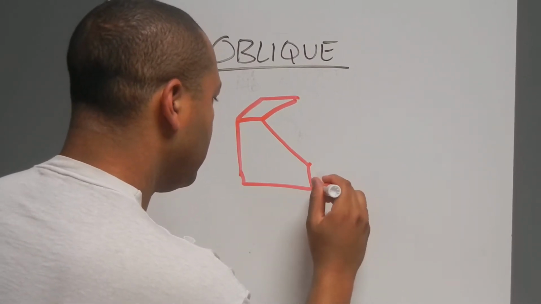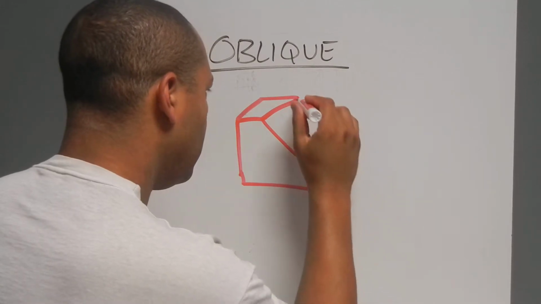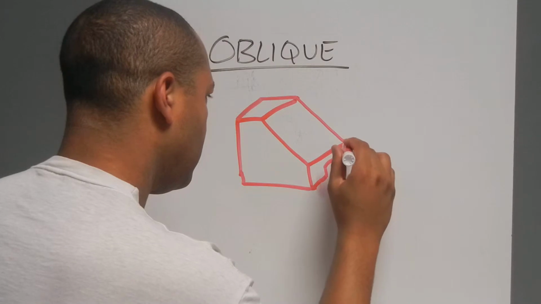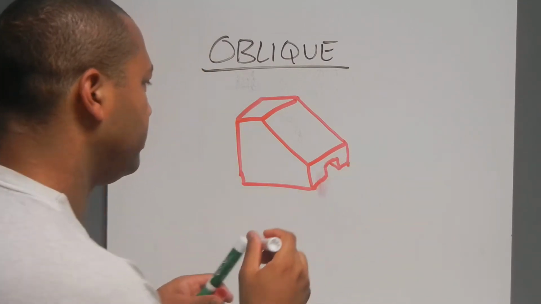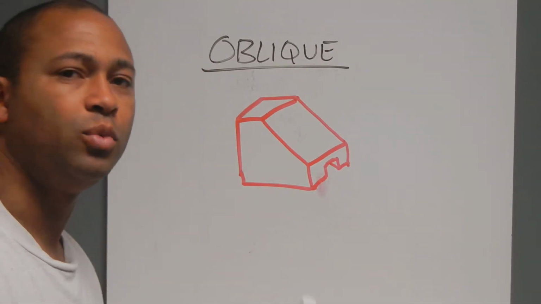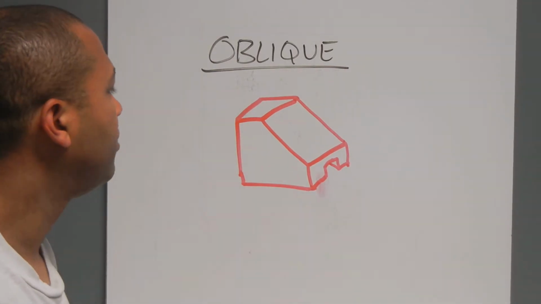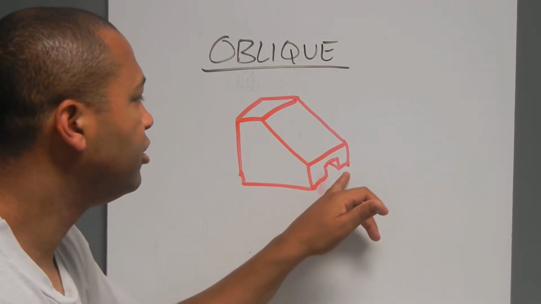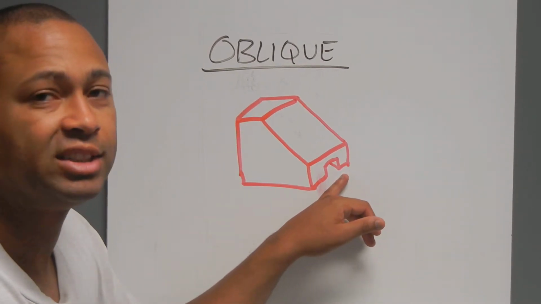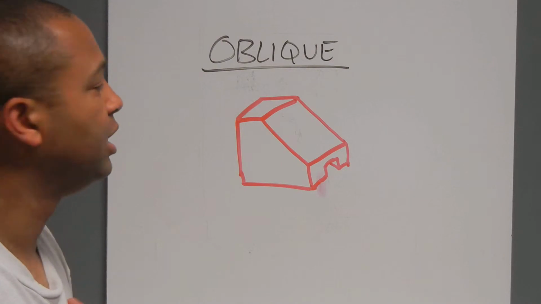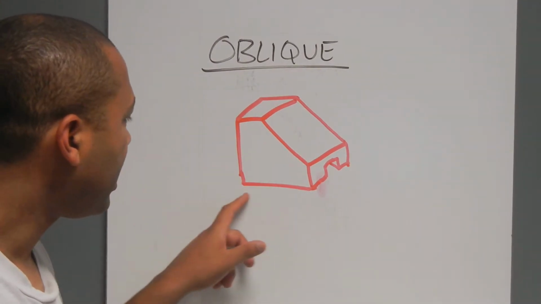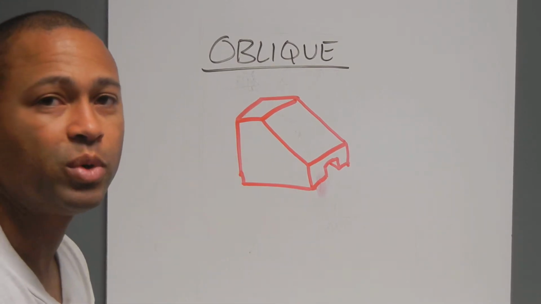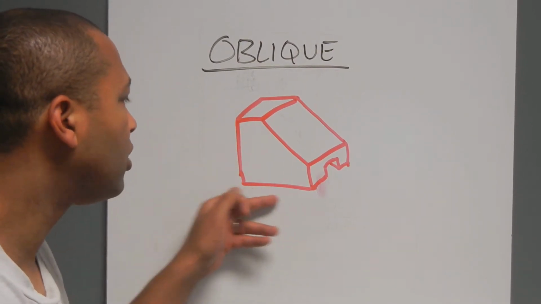Okay, so with an oblique, it could be distorted by having this angled at 30 degrees or at 45 degrees or at 60 degrees. That's up for me to decide. Because my front view is flat, I do however have 90 degrees between that vertical axis and my horizontal axis.